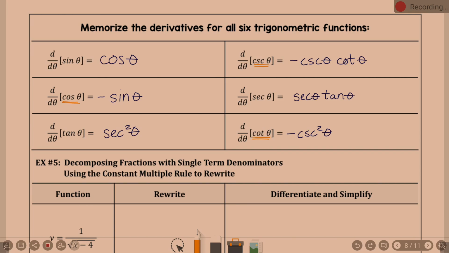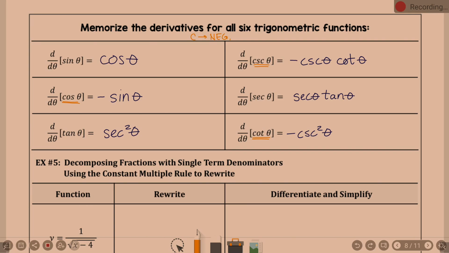I don't know if that's helpful as you're trying to sort it all out, but anytime you take the derivative of a trig function that begins with C, you're going to get a negative response. If that's helpful, great. If not, forget I ever said it.